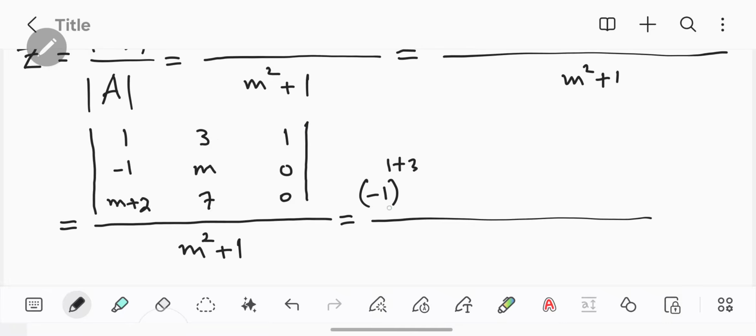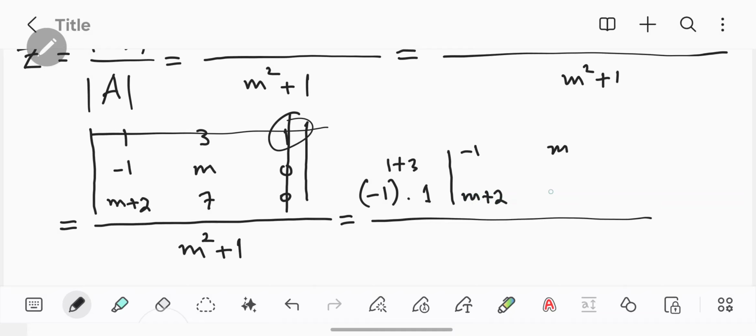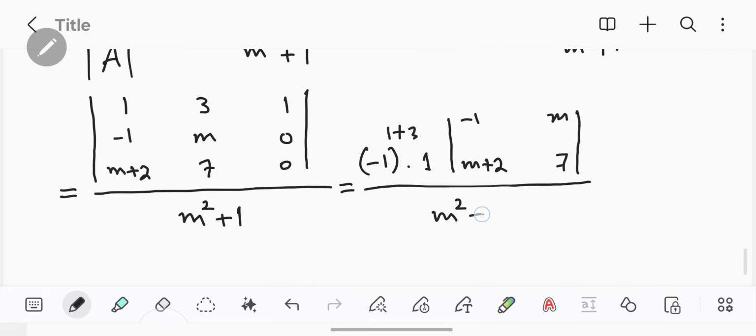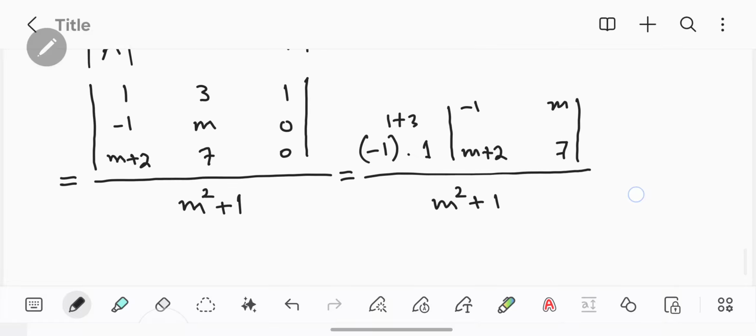So that's why I write minus 1 to the power 1 plus 3 times this element 1 times the submatrix obtained by deleting this row and column: minus 1, m, m plus 2, 7. Then the turn of the other elements, but these two elements are 0, so no need to write zeros here. And in the denominator, I have m squared plus 1 as usual.